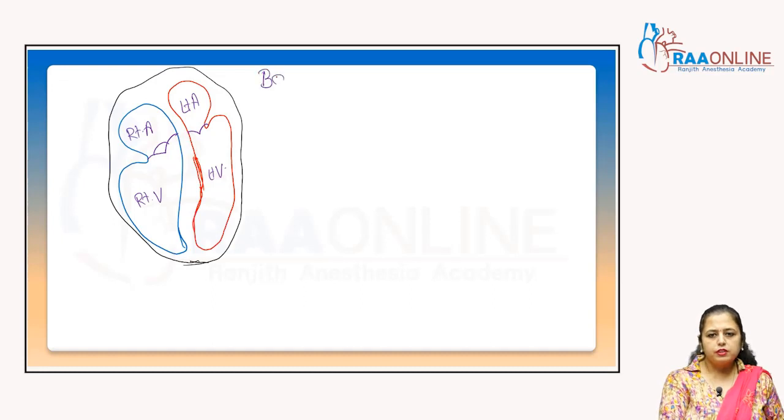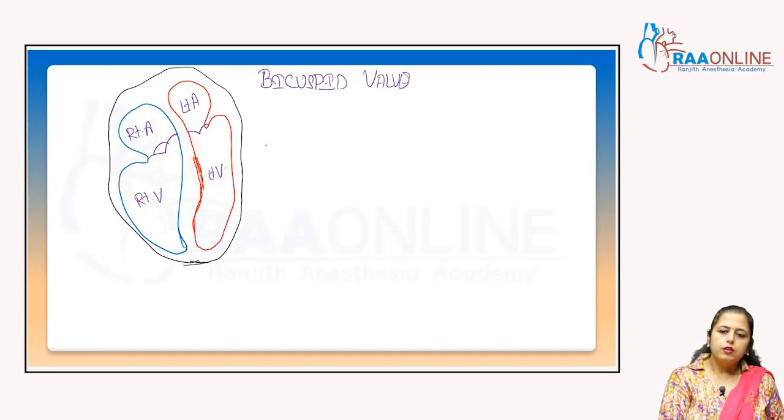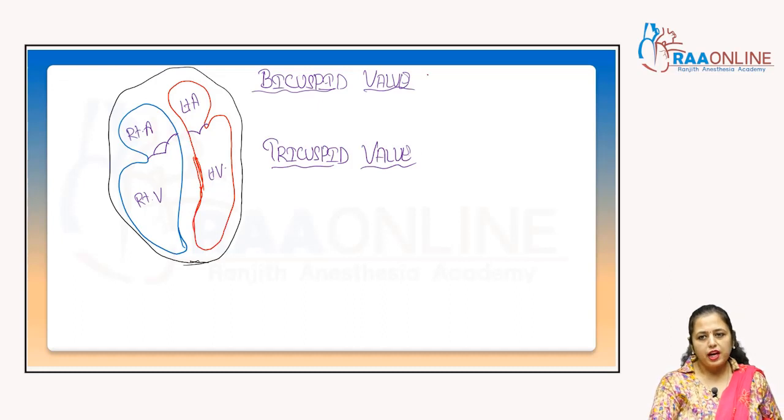So now, there are two kinds of valves, that is the bicuspid valve and the tricuspid valve, right? This bicuspid valve, bi means two cusps, right? It is also known as the mitral valve.